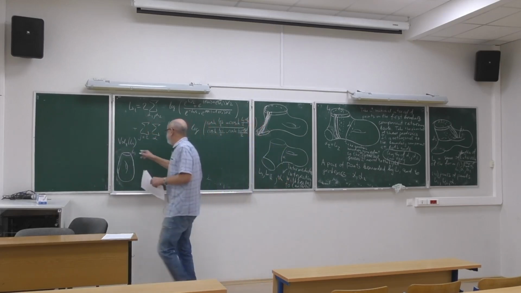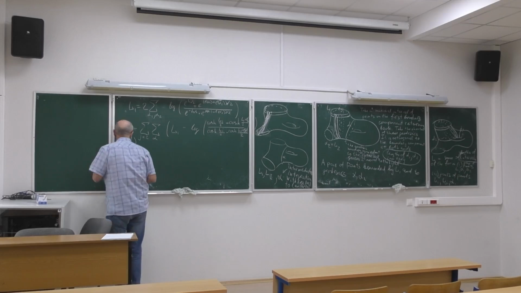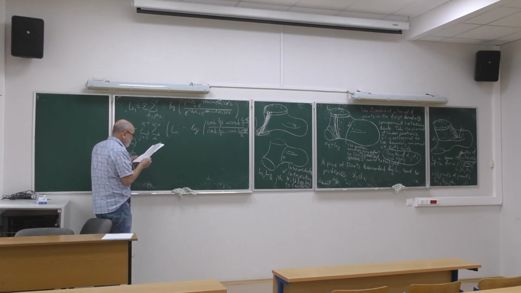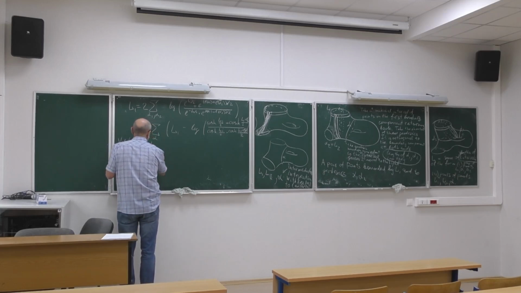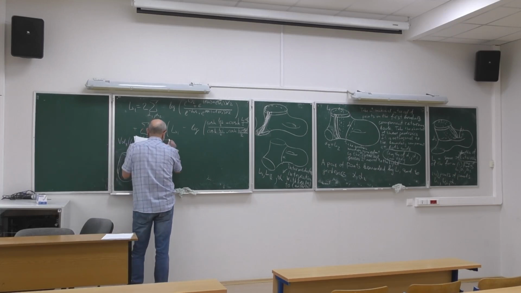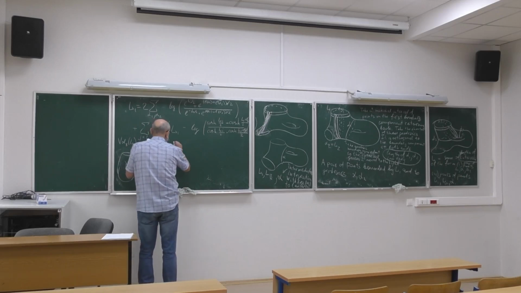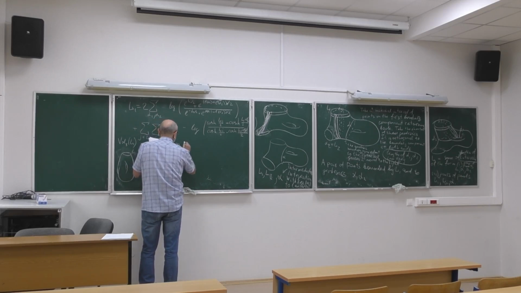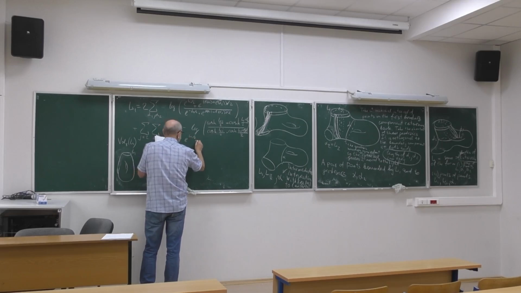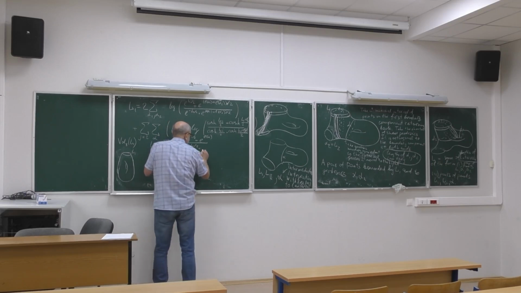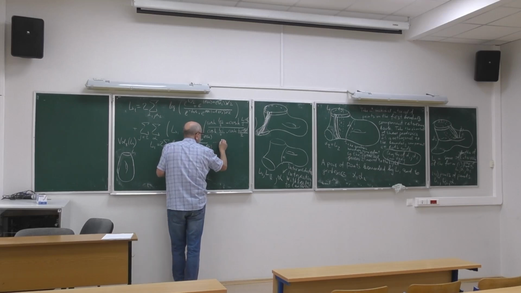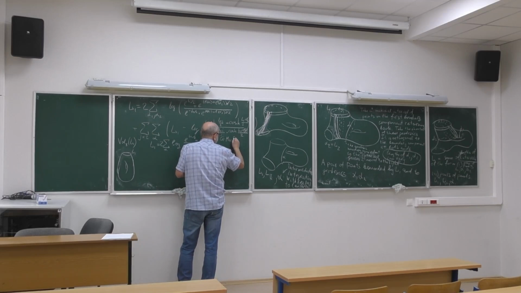In this case, in the case of genus 1 surfaces with a single boundary component, this formula takes the form L1 equals sum over alpha of the logarithm of (e to the power L1 over 2 plus e to the power L alpha) over (e to the power minus L1 over 2 plus e to the power L alpha), and it is called the McShane identity.